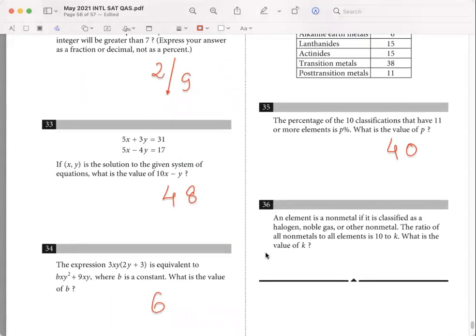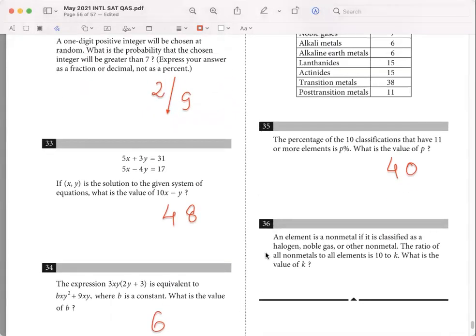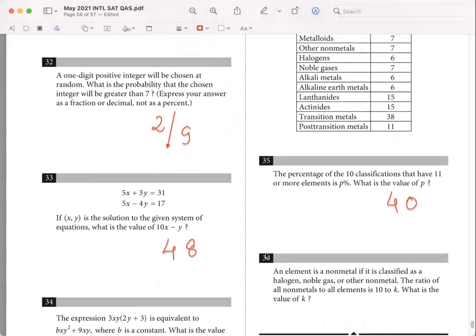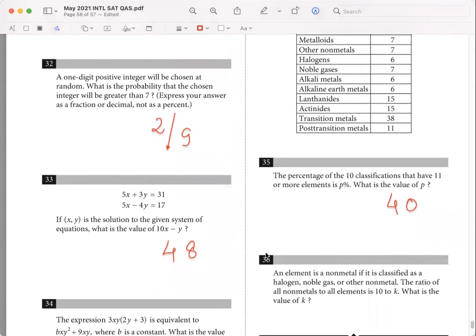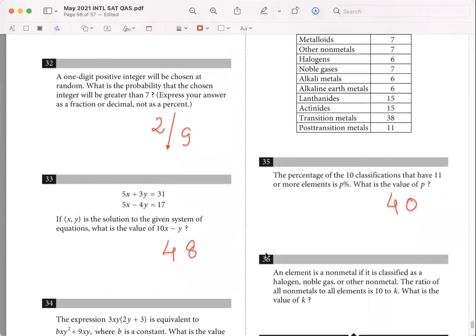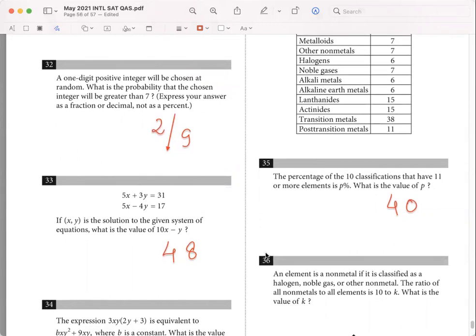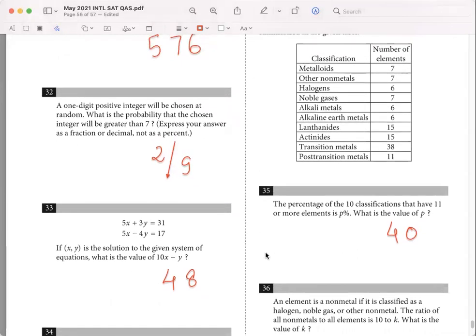An element is a non-metal if it is classified as a halogen, noble gas, or other non-metal. The ratio of all non-metals to all elements is 10 to k. What is the value of k? Non-metals are halogens, noble gases, and other non-metals. So 7 and 7, 14, and 6, 20. Total 20 non-metals.